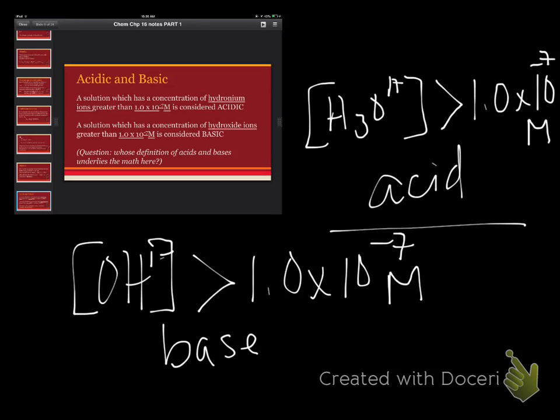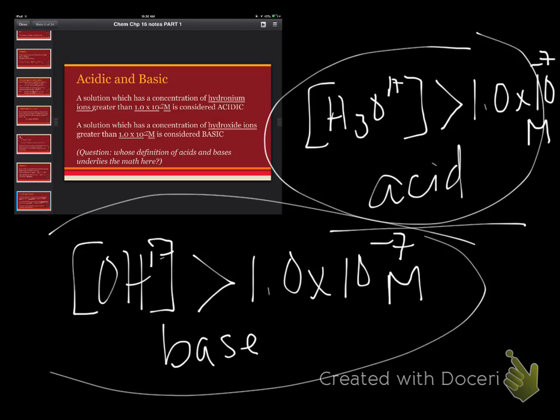Okay? So let me ask you, the question is asked in your slides, which definition of acids underlies this math? Don't yell it out, write it down. As we're talking about acids as increasing the amount of hydronium ions in a solution and bases as increasing the amount of hydroxide ions in a solution, that's straight out of Arrhenius.